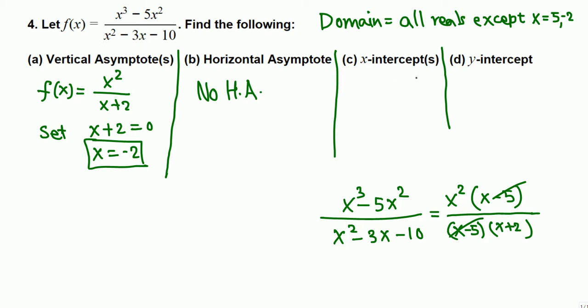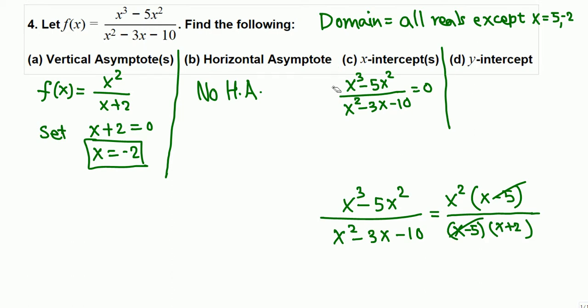And to find the x-intercept, we set the function equal to 0 and solve for x. Set the function to 0 means x cubed minus 5x squared over x squared minus 3x minus 10 equals 0. Basically we set y, which means the function, equal to 0 and solve for x.